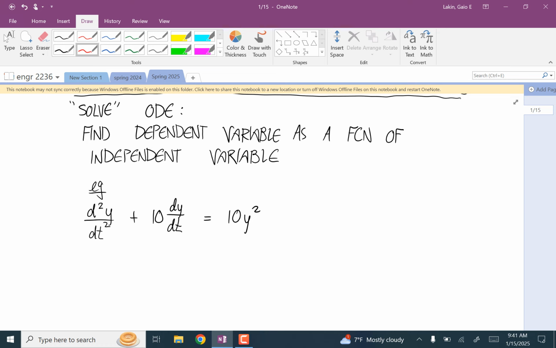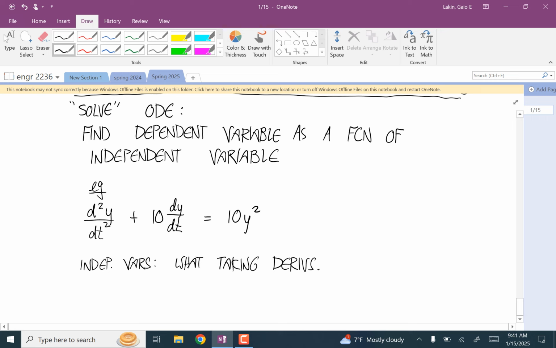Your independent variables are just what you're taking your derivatives with respect to. So in this case, you're taking derivatives with respect to t.